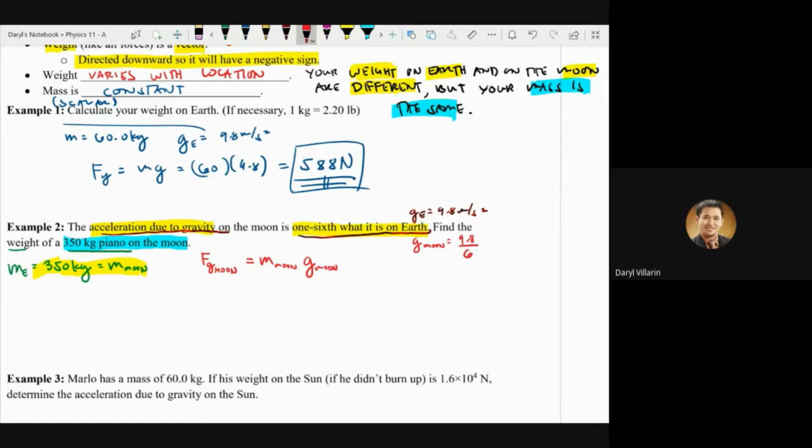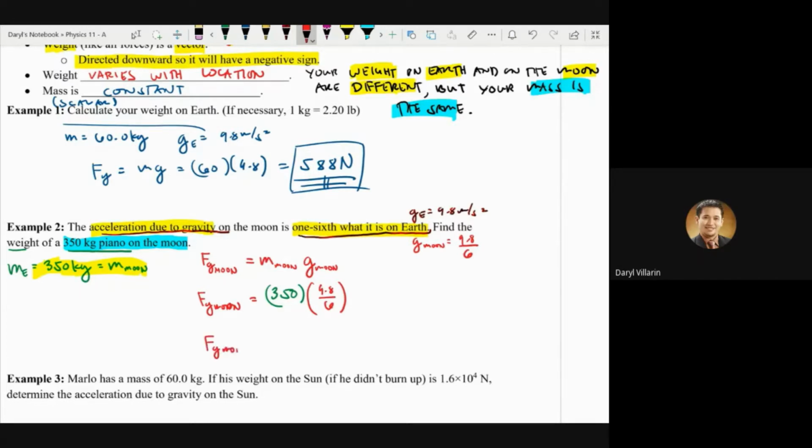So therefore, if you want to get the weight of the object on the moon, you have 350 kilograms, again, it wouldn't change, times 9.8 over 6.